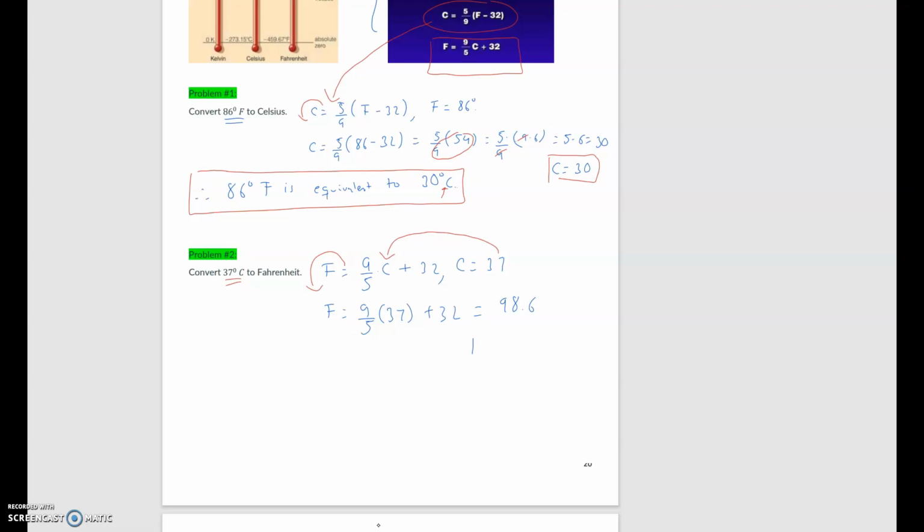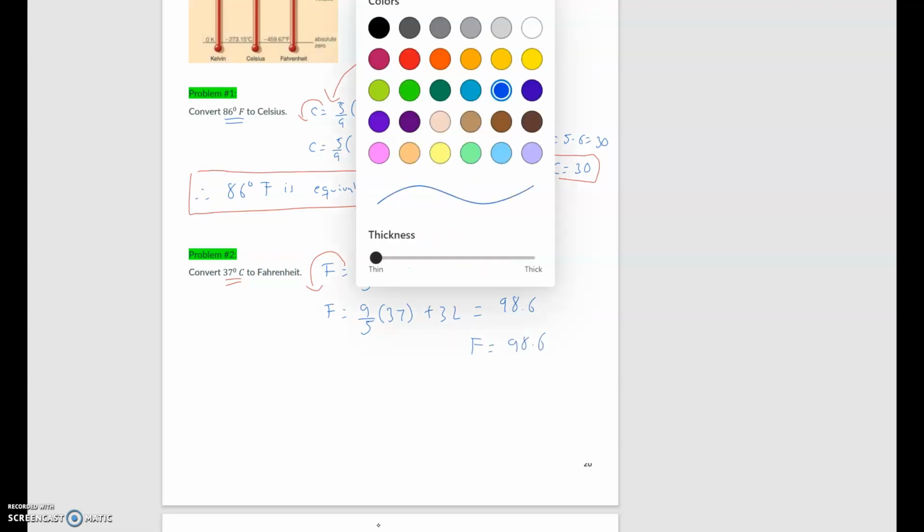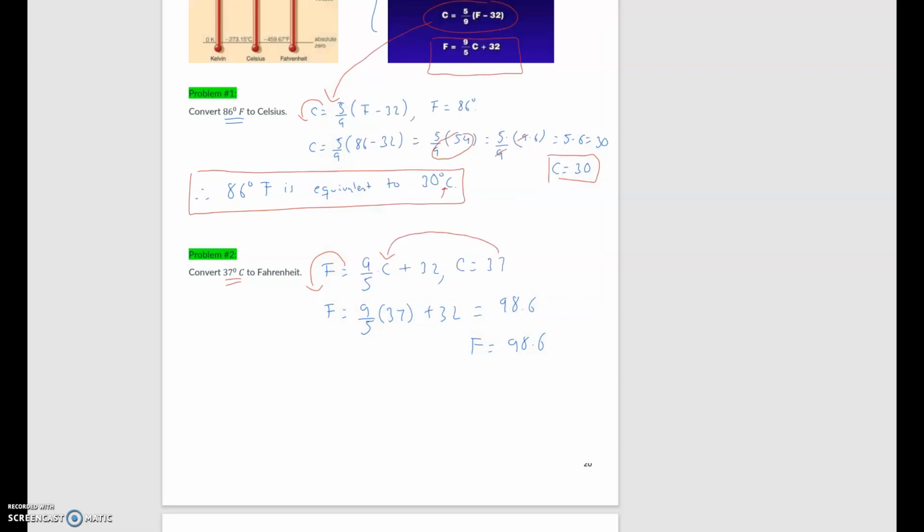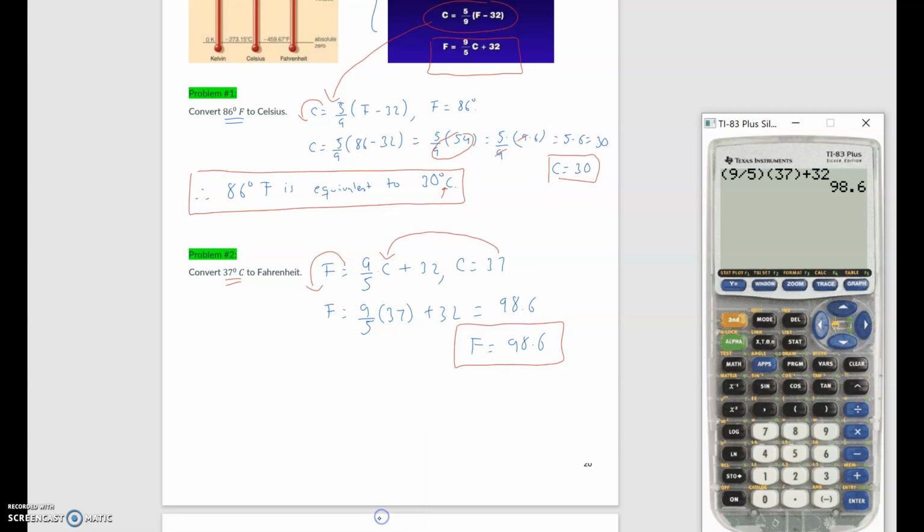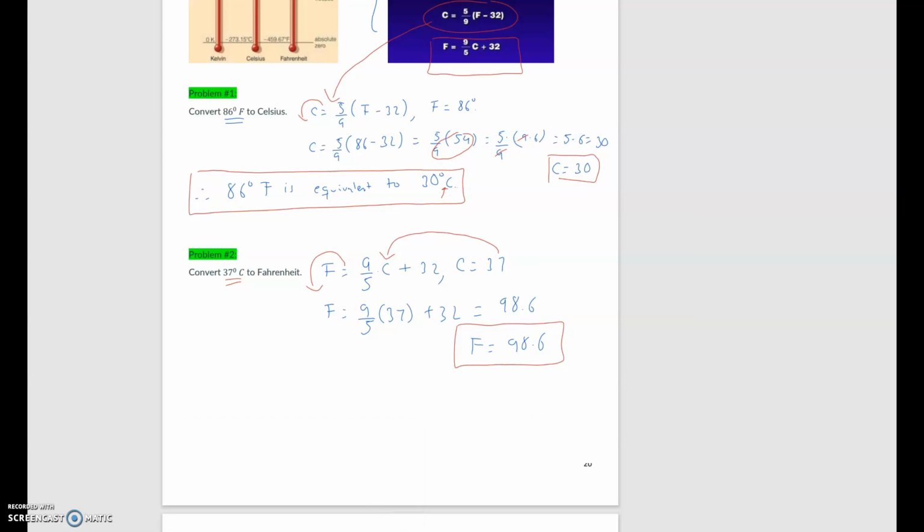So in this case, F is equal to 98.6. Let me double check 98.6. Okay, and then rewriting it with the units. In this case, 37 degrees Celsius is equivalent to 98.6 degrees Fahrenheit.